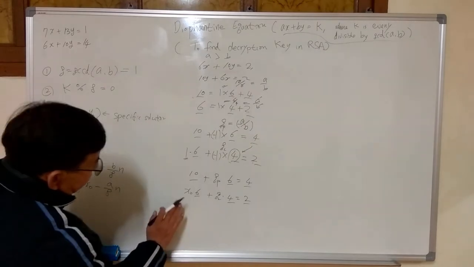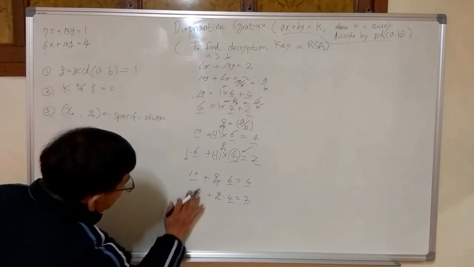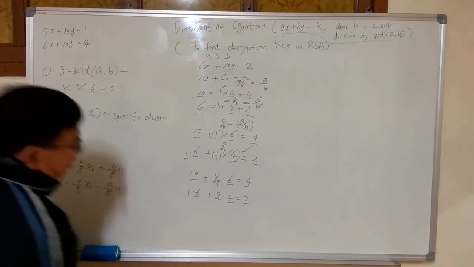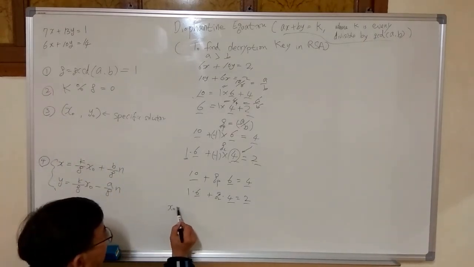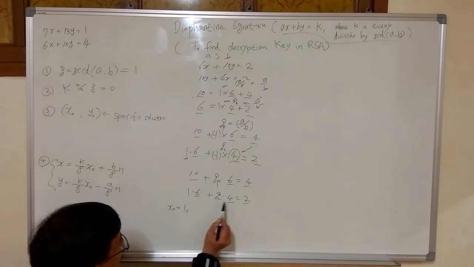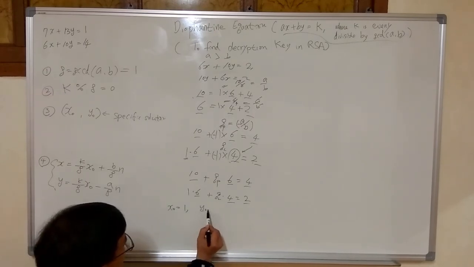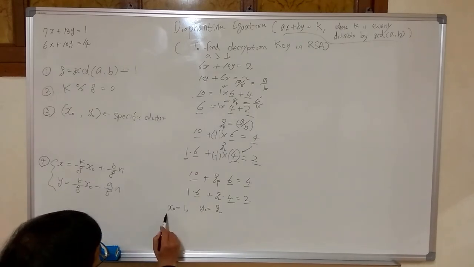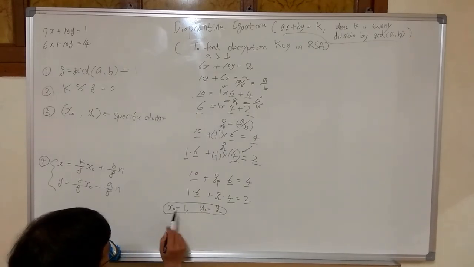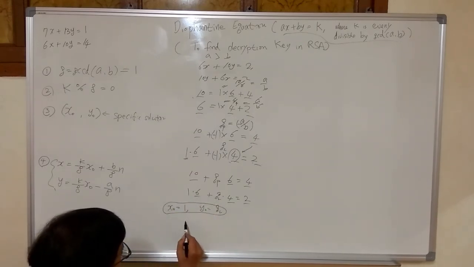Here I will just put it like this. We let x naught 1 and y naught QL. This is the initial value.